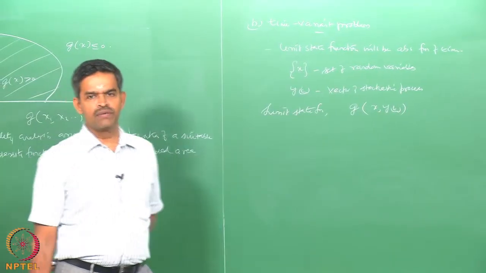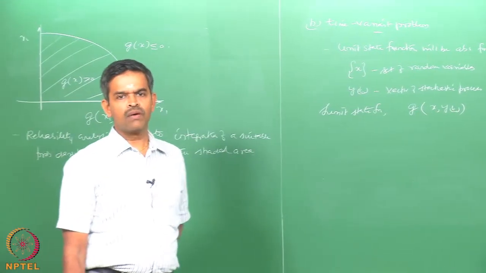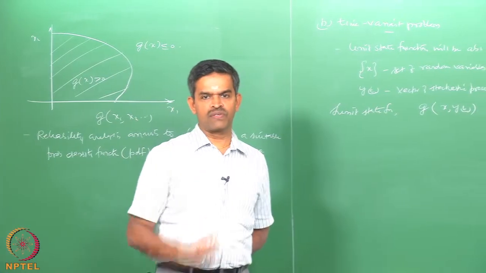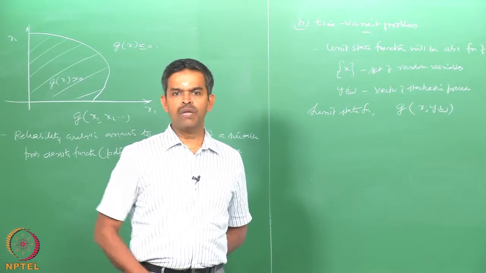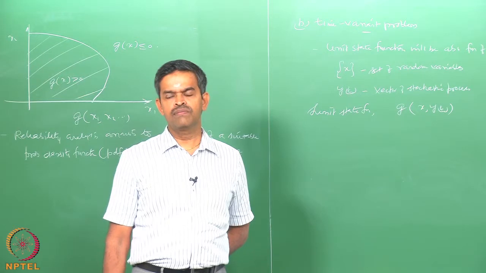The failure event of such problems may constitute the outcrossing of the vector process y of t through the limit state surface g of x, y.